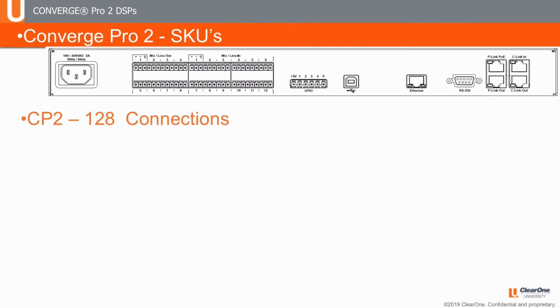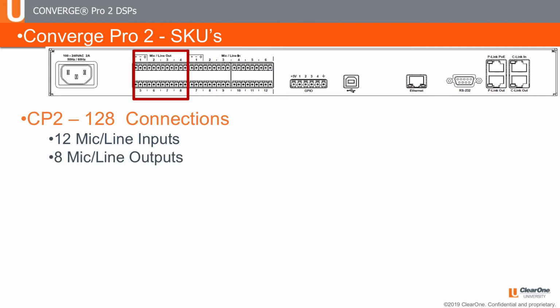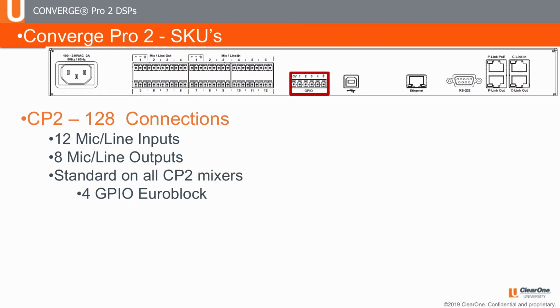To understand the model numbers, let's look at a model 128. 12 stands for the number of mic line inputs. 8 indicates the number of outputs that can be mic or line level. That makes up the basic part of the model SKU.